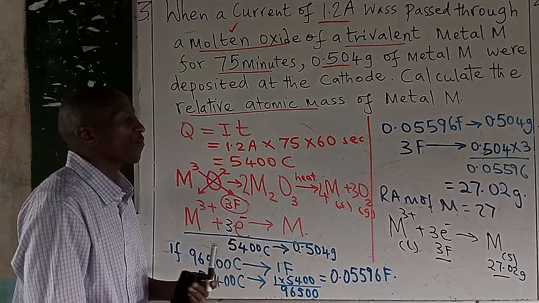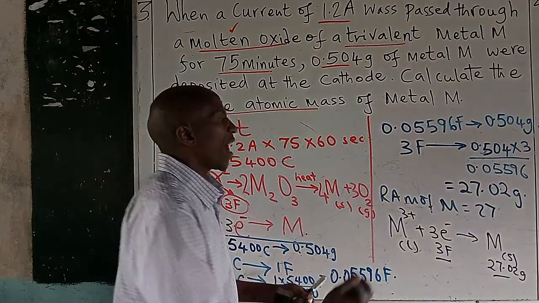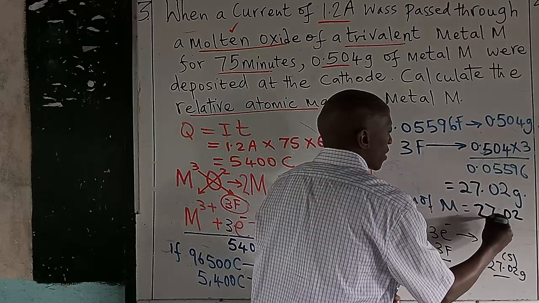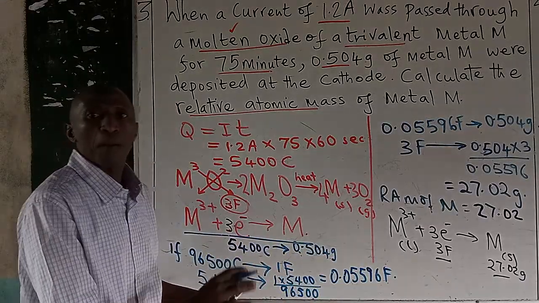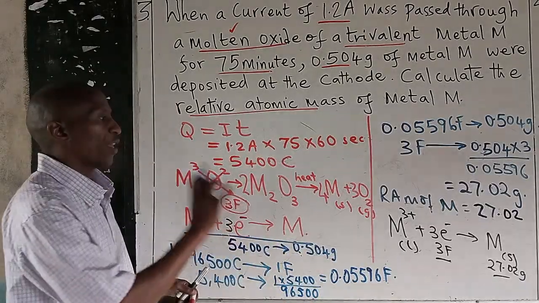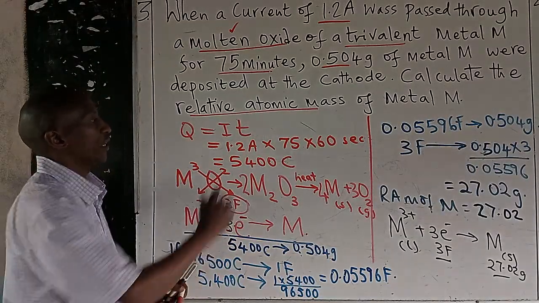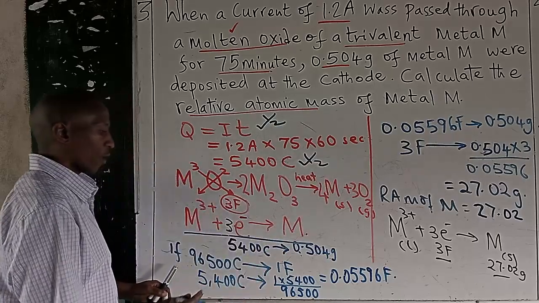So in this kind of a question, the students are free to leave their answer as they got it, as 27.02. Now, we can mark this question, and so we have half a mark for that.